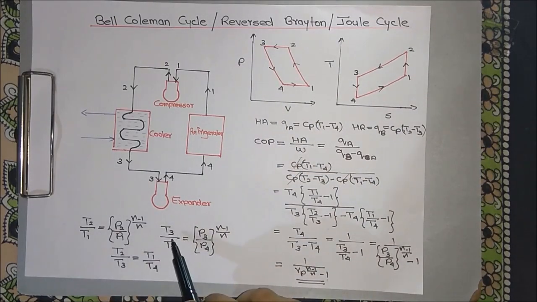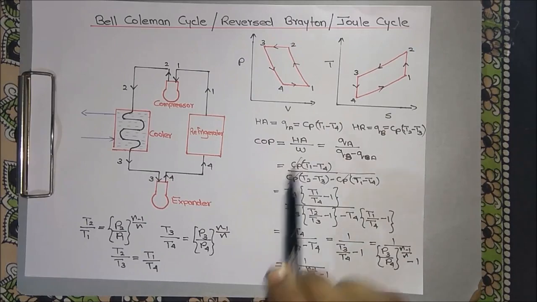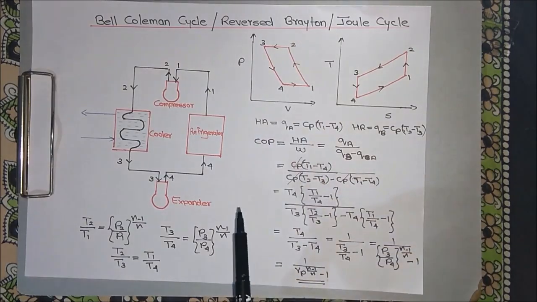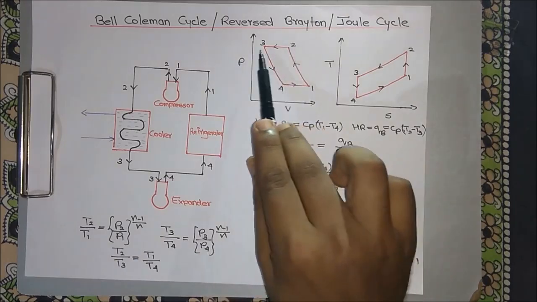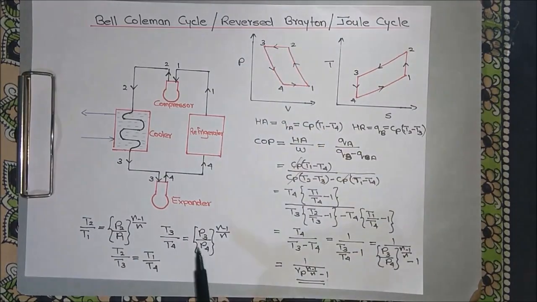Applying a similar equation, T3 by T4 is equal to P3 by P4 whole raised to gamma minus 1 by gamma. The interesting fact is that P4 and P1 are equal, and P2 and P3 are equal. So this term and this term are equal. That means T2 by T1 is equal to T3 by T4.